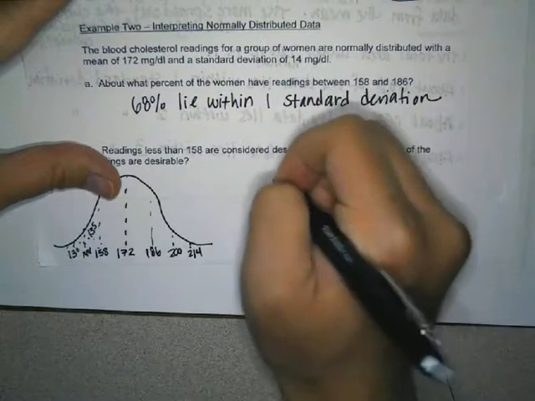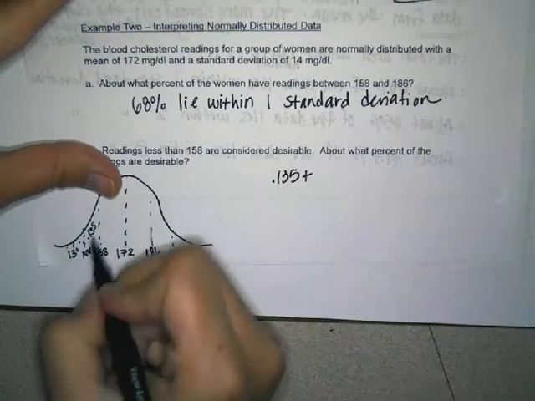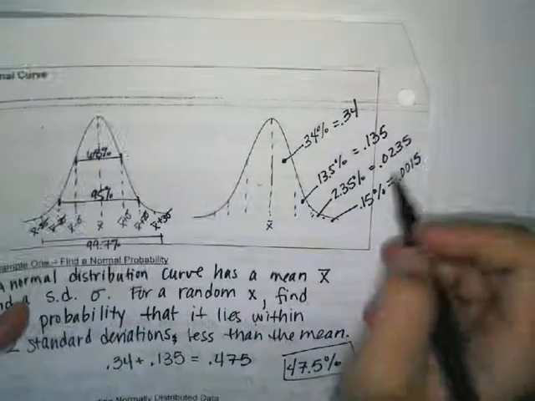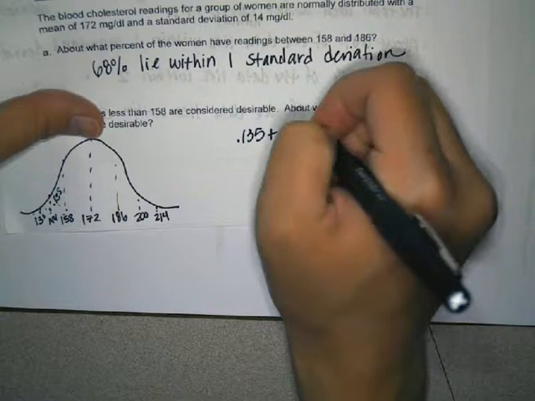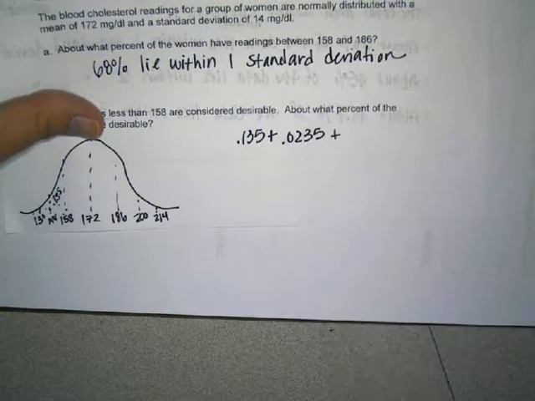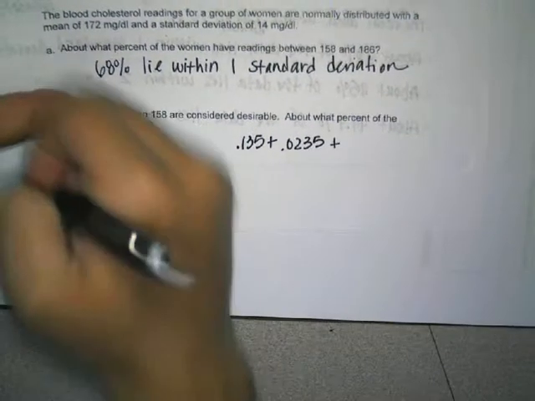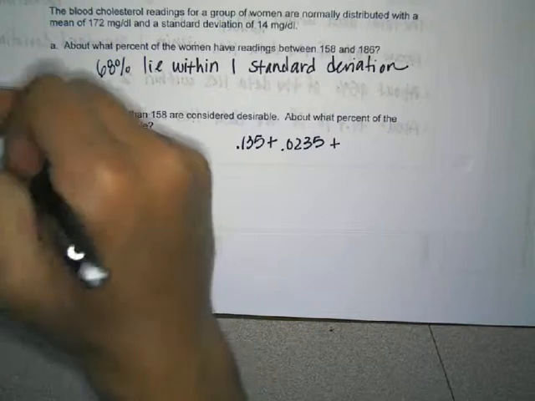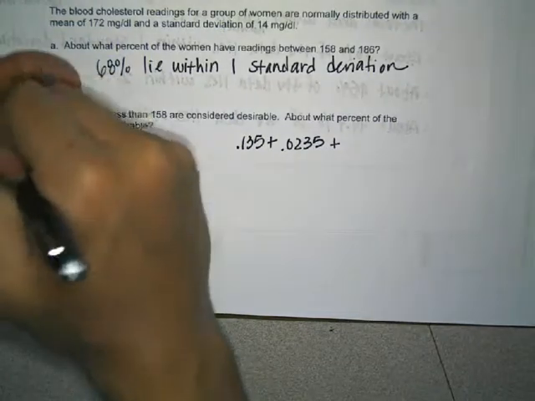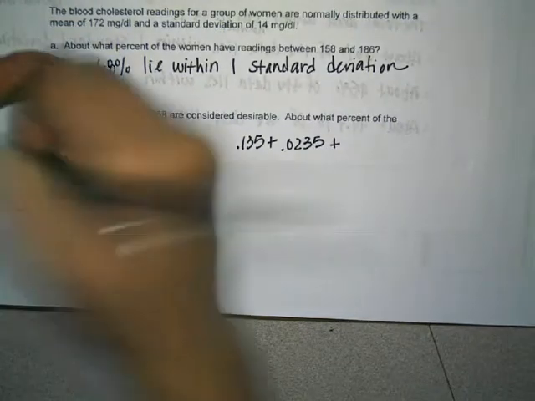Then you add the next section, which up here was 0.0235. And then you have 0.0015. So we add that up.